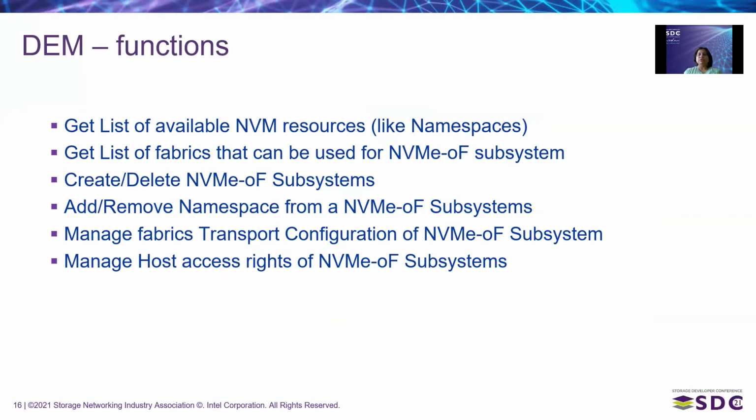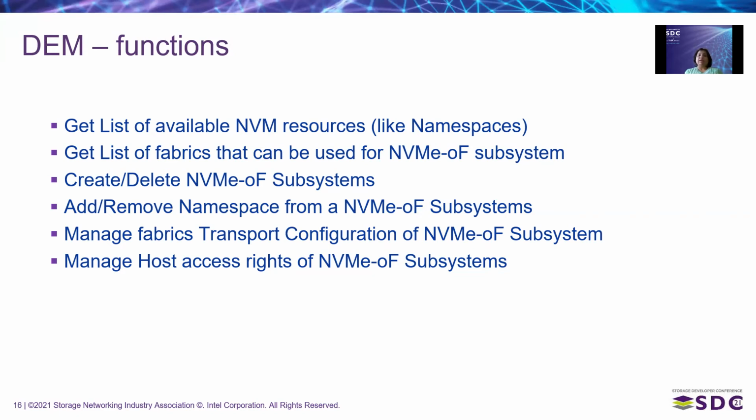So moving on to see the DEM functions. These are the main DEM functions, and we will see a quick demo of DEM in action along with these functions as well. So the basic functions are to get the list of underlying resources, like what subsystems are available, what are the namespaces that are available from those subsystems, and also getting the list of fabrics that we can use for exporting these subsystems.